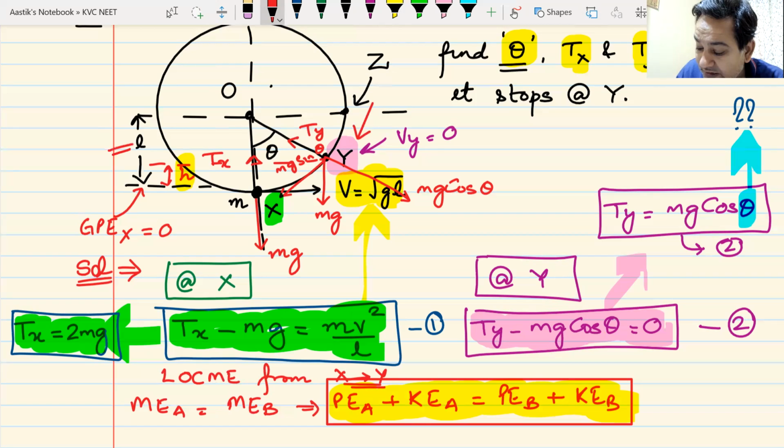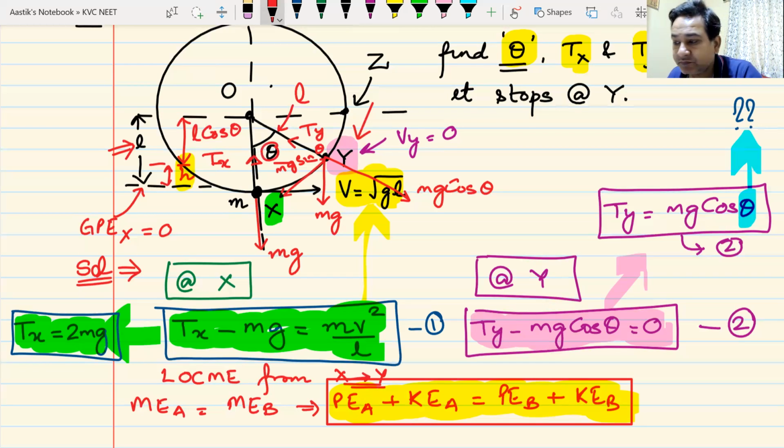This total length is L. If I can find out the value of this part, I will find the value of h. And the length of this part from trigonometry is L cos theta. Remember, this is L and this is theta.